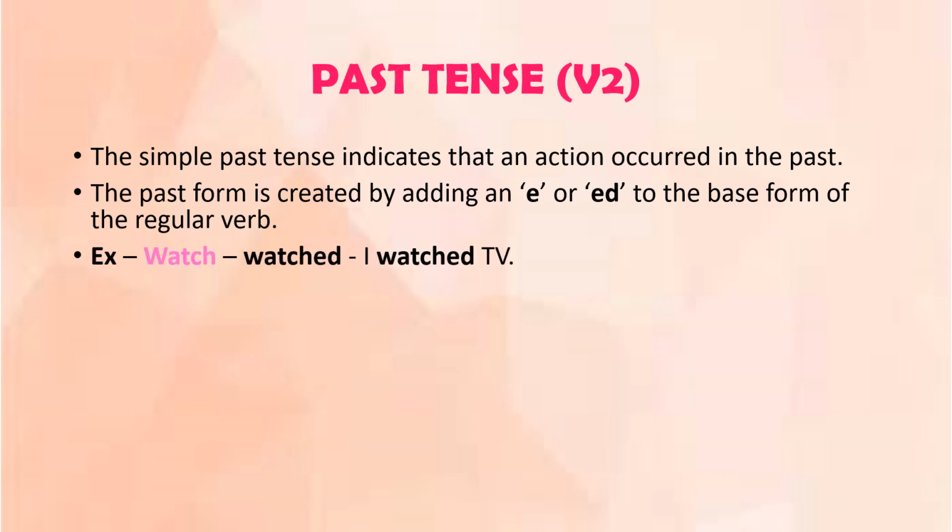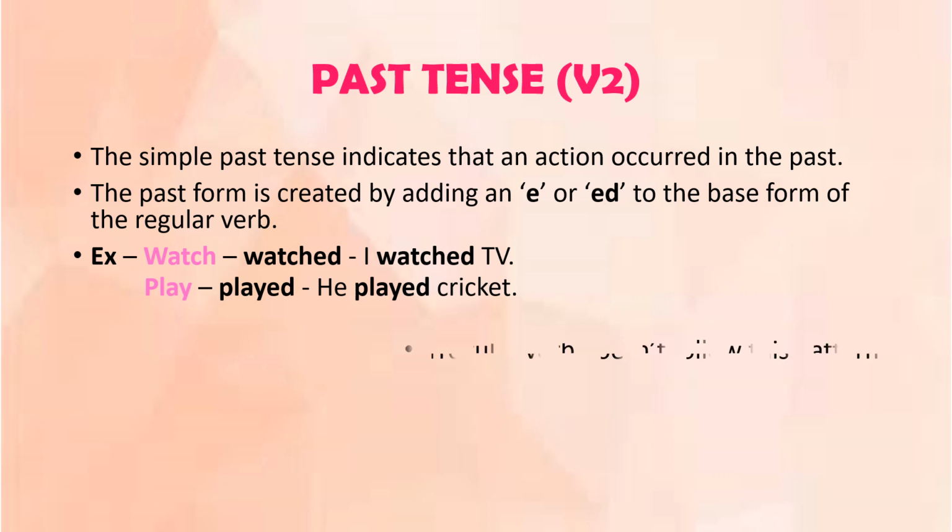For example, after adding ed to the base verb watch, we get its past tense form, and we can form the sentence, I watched TV. So the verb play will change into played in its past tense form, and we can form the sentence, he played cricket.